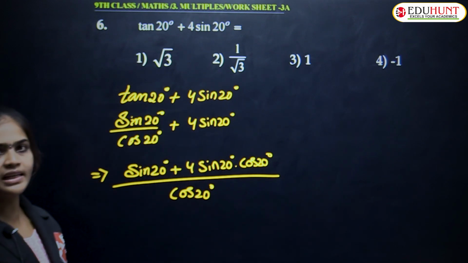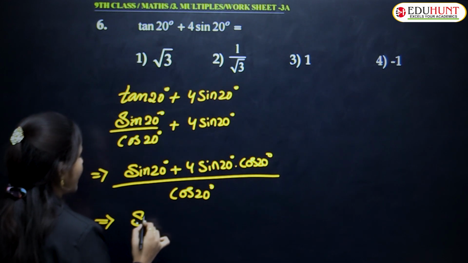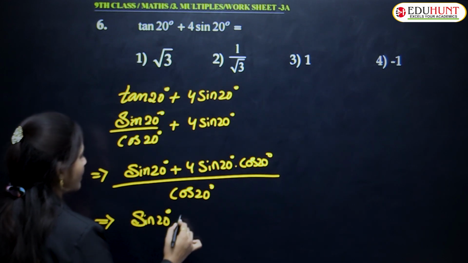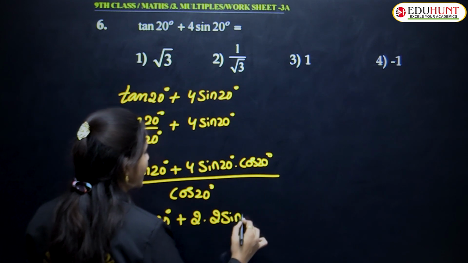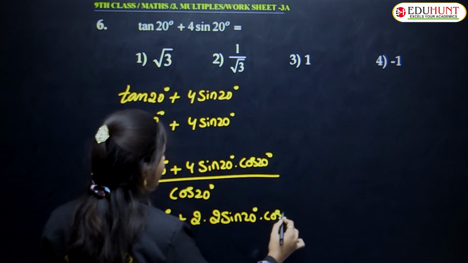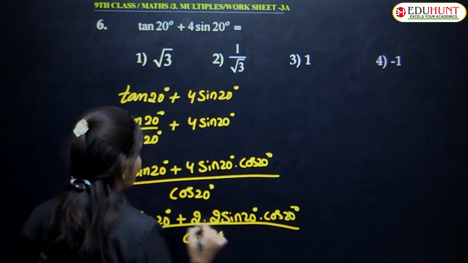I just took the LCM and did the cross multiplication. So sin 20 degrees plus 2 into 2 sin 20 degrees into cos 20 degrees, whole by cos 20 degrees.